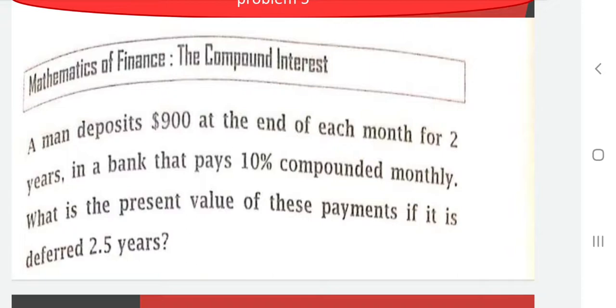In a bank that pays 10% compounded monthly, J equals 10%, M equals 12, I equals 10% over 12. The total time for deferred equals 2 times 12 plus 6, 24 plus 6 equals 30.